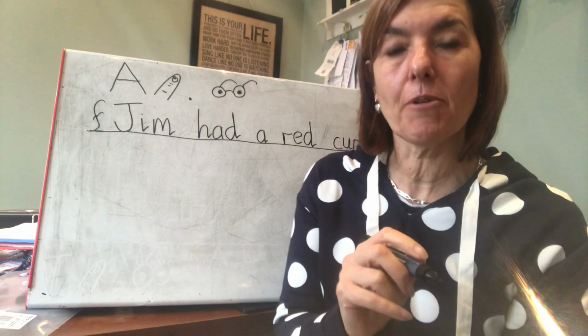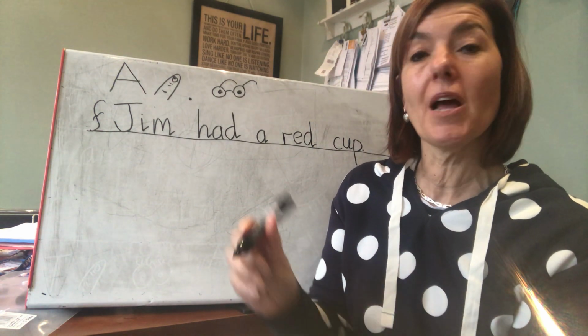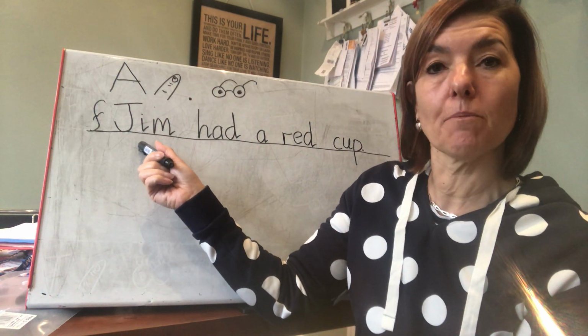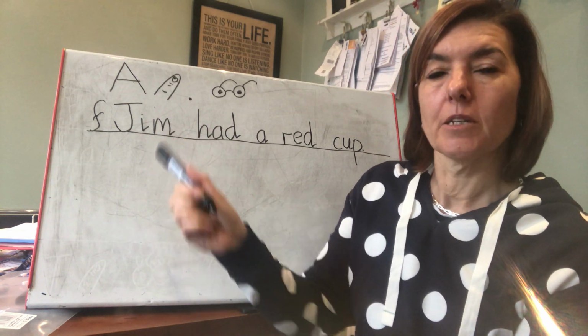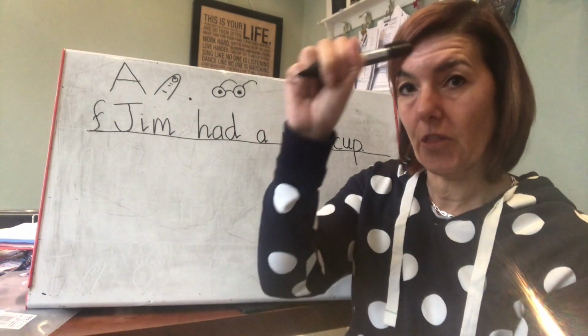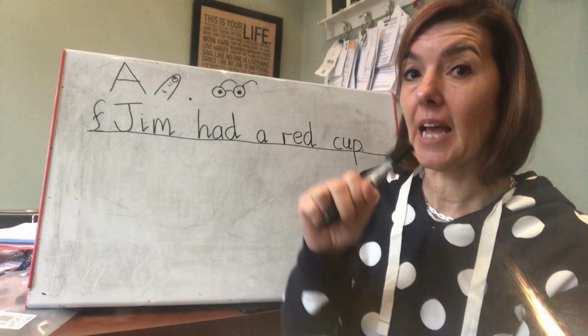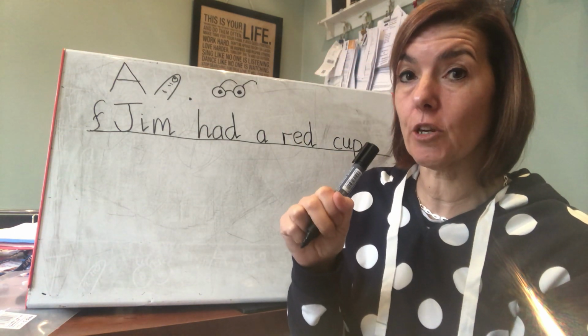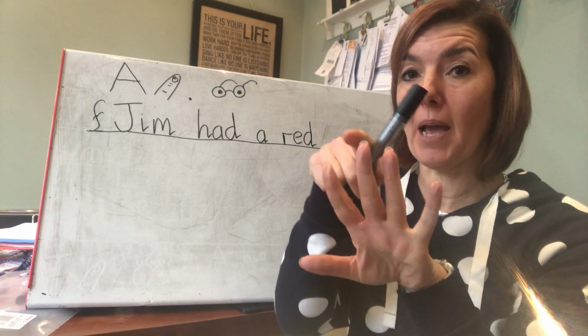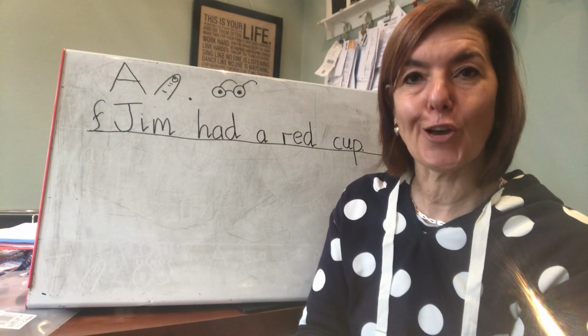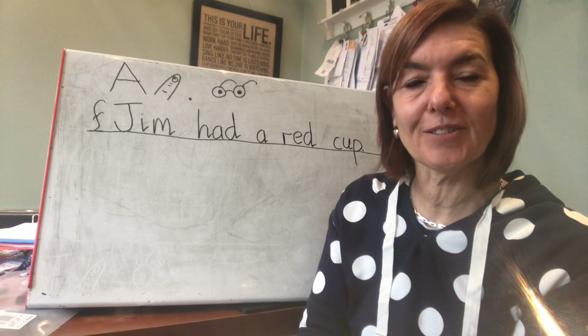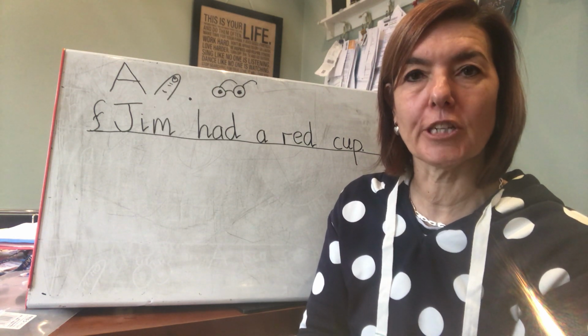Now children, like before you wrote a sentence about Tom, this time I'd like you to write something about Jim. Make up your own sentence about Jim. So what you need to do is think of your sentence, say it out loud a few times so you can remember it, count up how many words you've got in your sentence and then write it. So pause your video now and write your sentence about Jim.